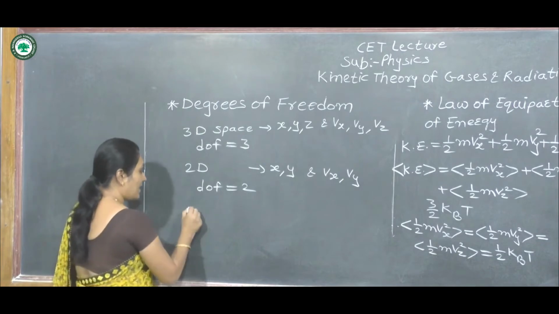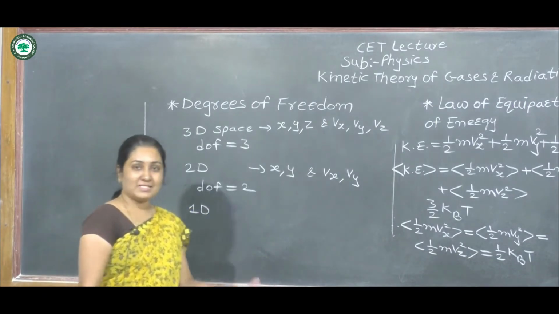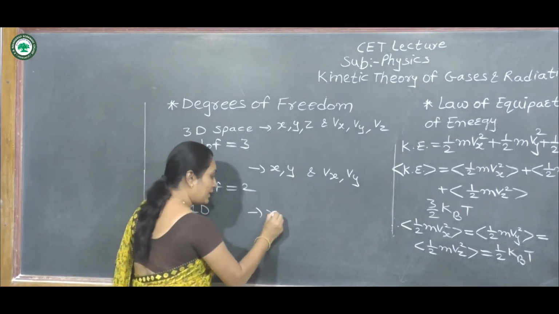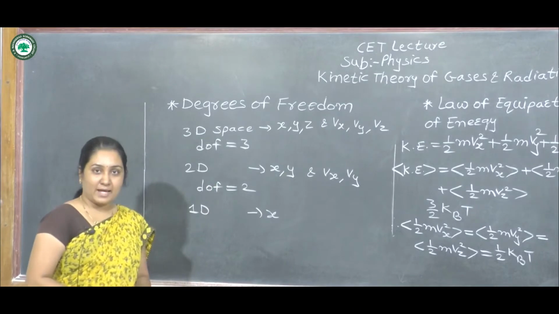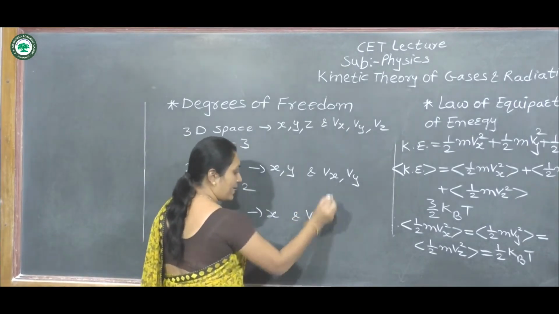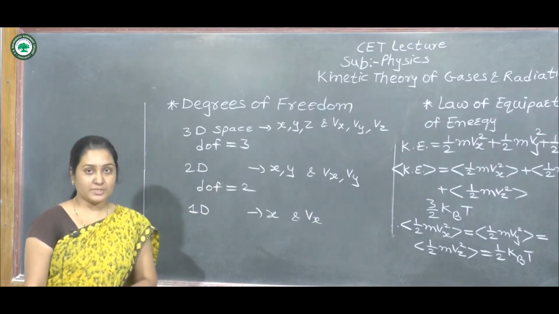Similarly, there is a one-dimensional system, or we can say a straight line, then only the x coordinate is there. Similarly, vx is the velocity component for this one-dimensional object.